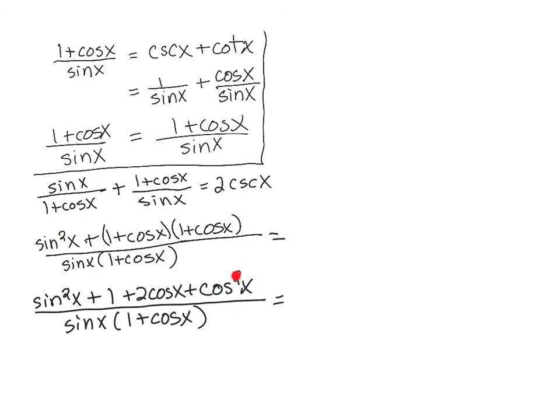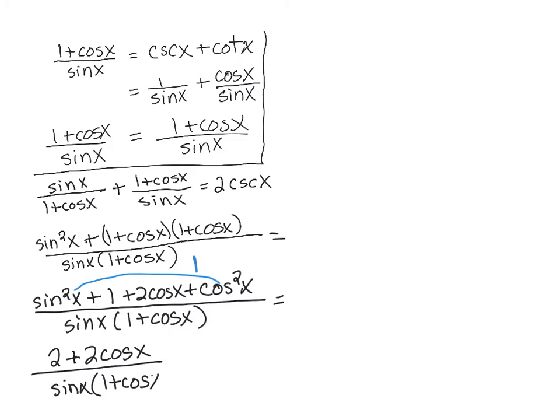The only thing I can do is take the cosine squared and the sine squared, put them together, and that's a 1. There's my Pythagorean identity. Putting those together gives me a 1. That 1 gets added to this 1, and I have 2 plus the 2 cosine x over sine times 1 plus cosine.